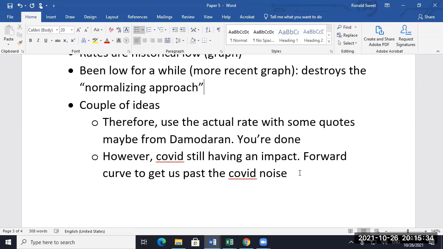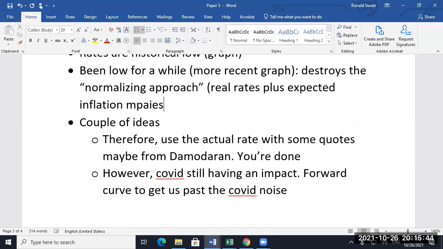If you want to discuss this more, you certainly could. You could certainly discuss that real rates plus expected inflation implies a much higher treasury. However, rates have been low for so long.